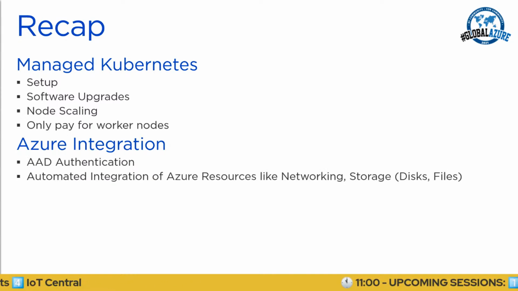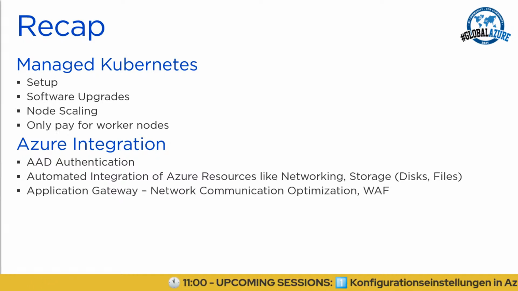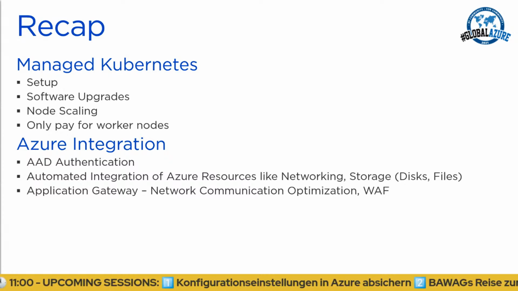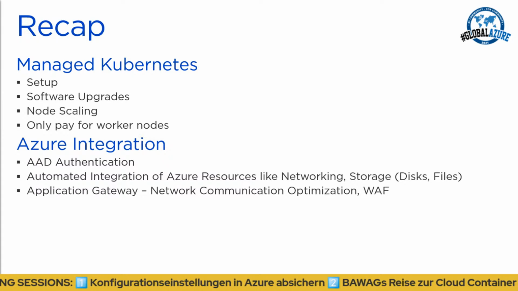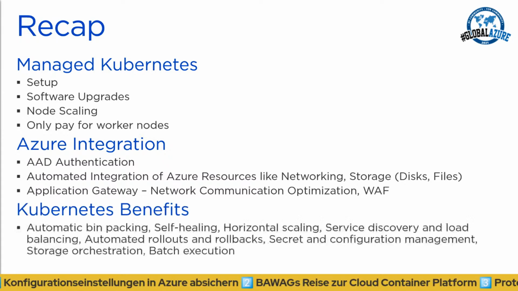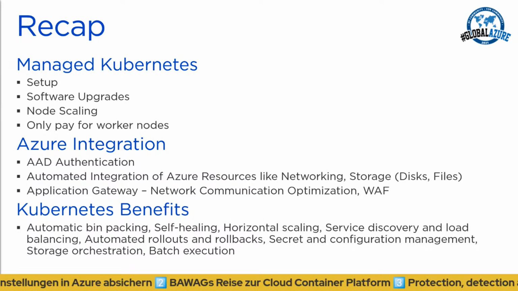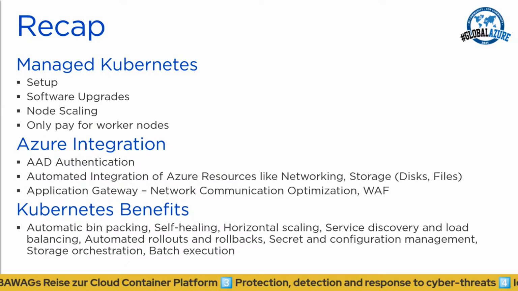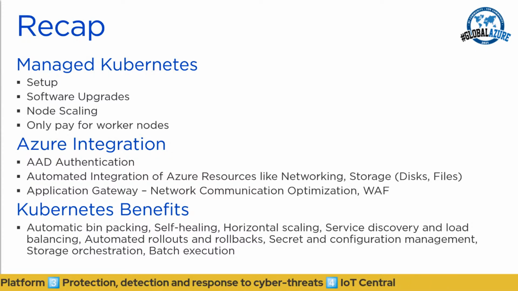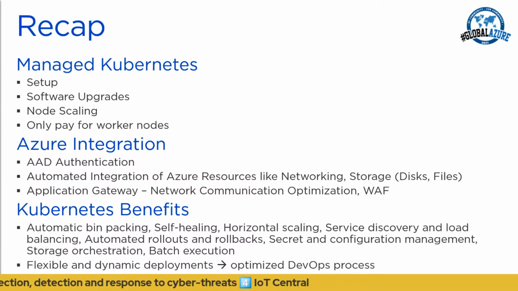We have automated integration of resources like networking, storage, etc. We can use Application Gateway directly integrated into our cluster if we want to use that together with a web application firewall. And for sure, we get all the Kubernetes benefits of scaling, load balancing, failovering, zero-downtime deployment, and so on and so on. So yeah, that's all I wanted to show.